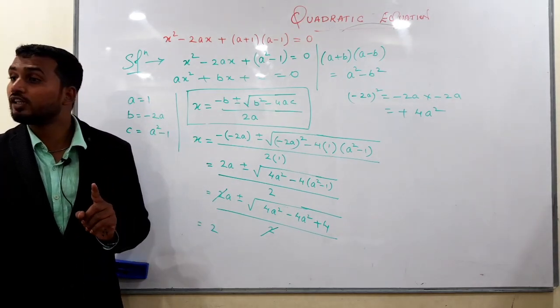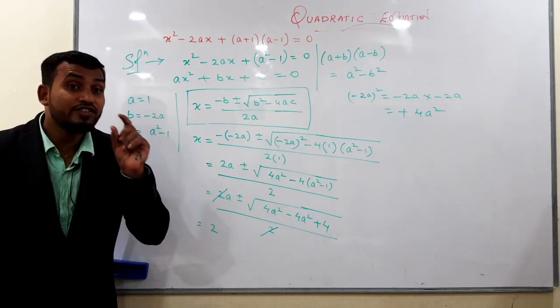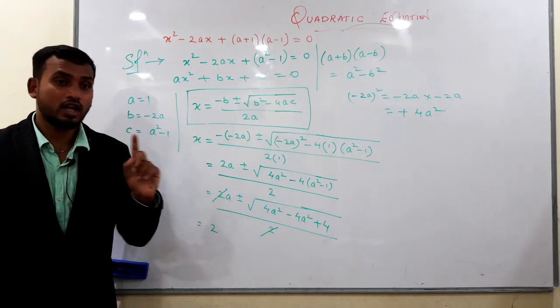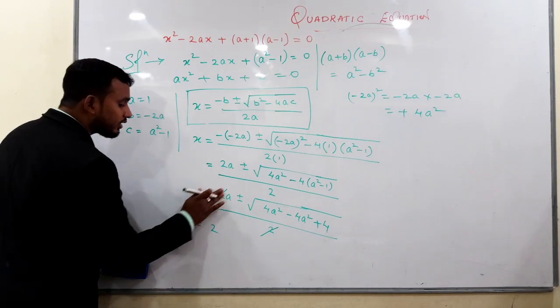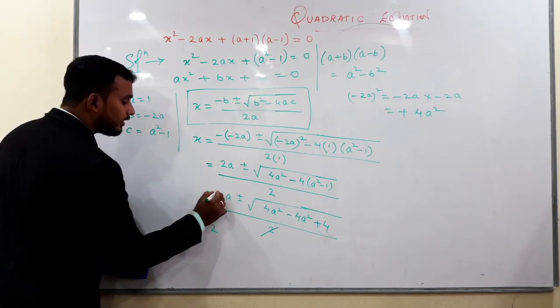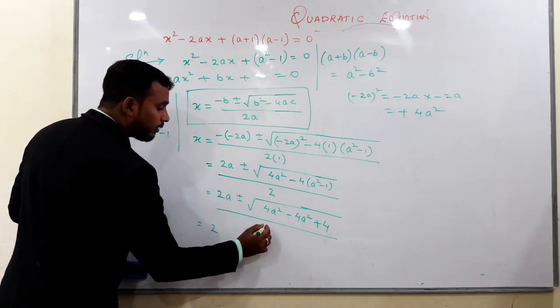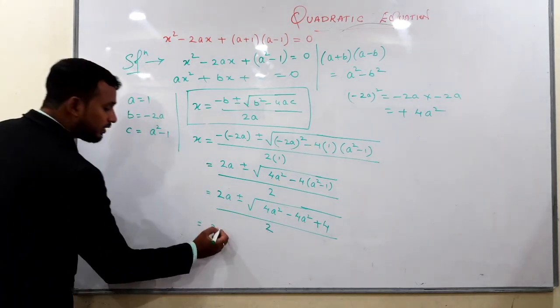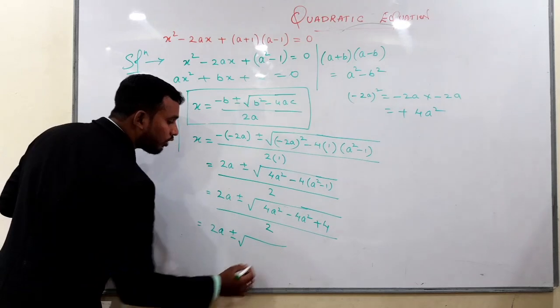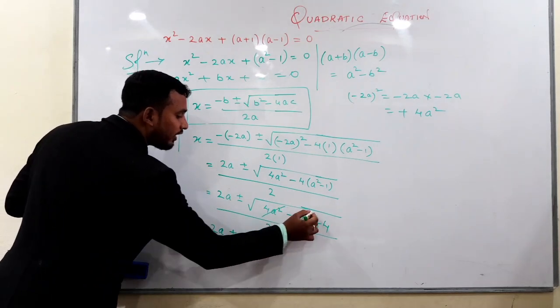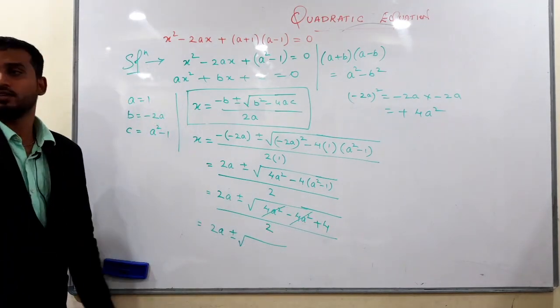If you have taken a common factor from the numerator, only that you can cancel. Or if it is multiplied, then only you should cancel. But in this case, we should not cancel this. Understood? Please remember that step. Keep this term as it is: 2a ± √(4a² - 4a²), where 4a² - 4a² will get cancelled.